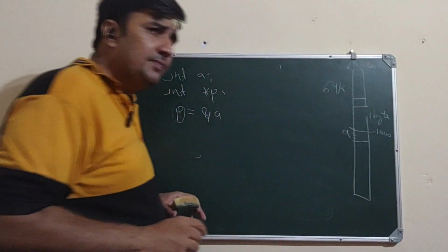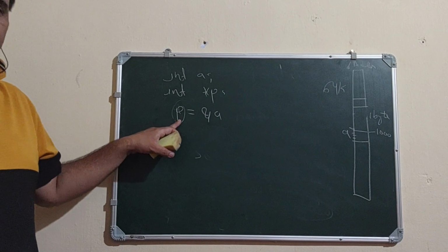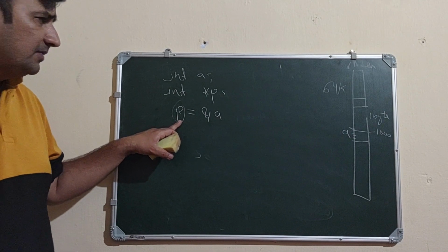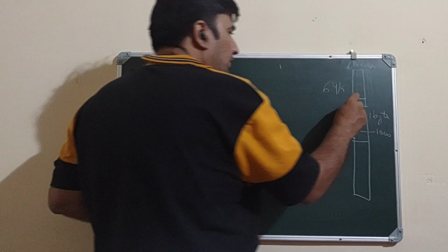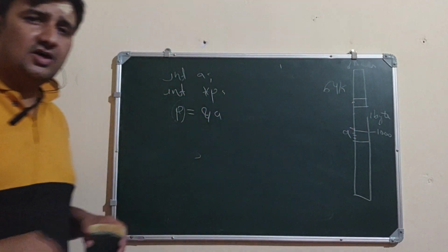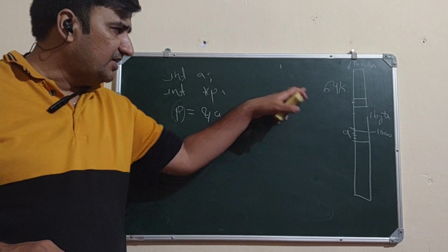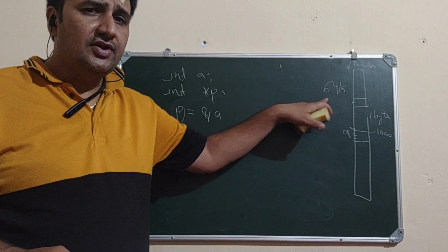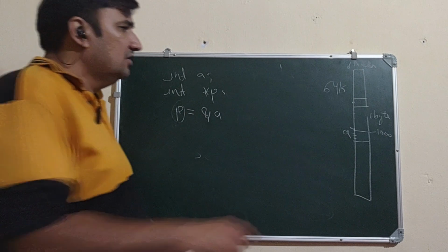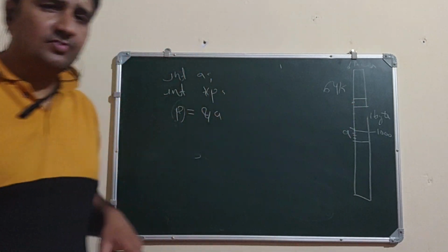As I told, it is 2 bytes of memory, because of the 64K address space. Assume a 2-byte memory location is there.